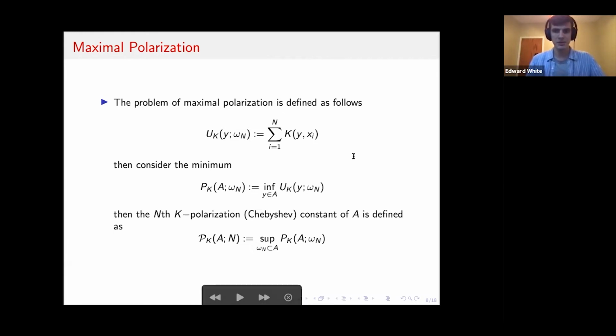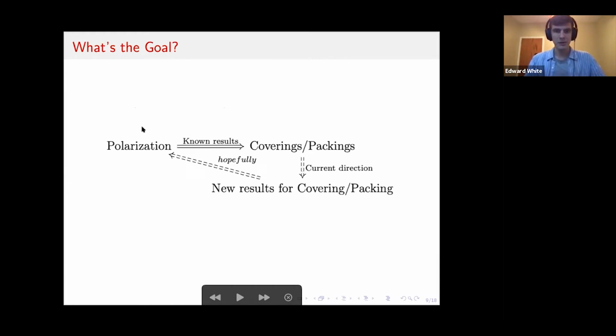Now, why is this important? Well, there are some recent results on polarization that tried to characterize the asymptotics of polarization on given sets, but they've pushed those results as far as they can before it's gotten really difficult to get new results in polarization.